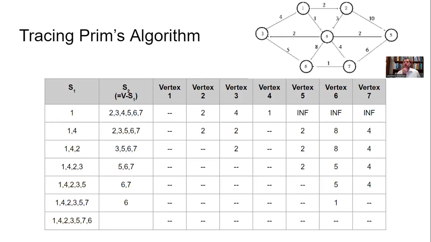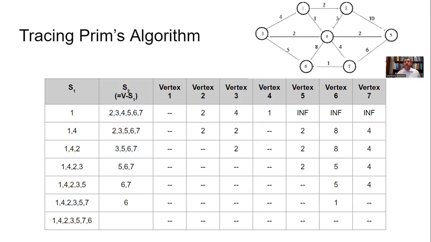Sometimes I'm just not looking at it right. I'm going from 1 to 2 in 2. But what about going from 1 to 3? Oh, no. It's not going from 1 to 3, okay?